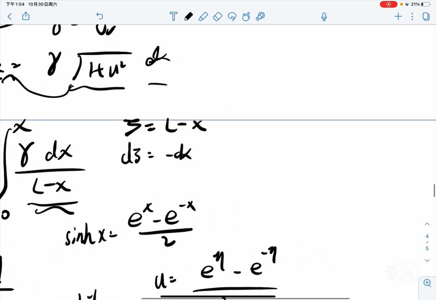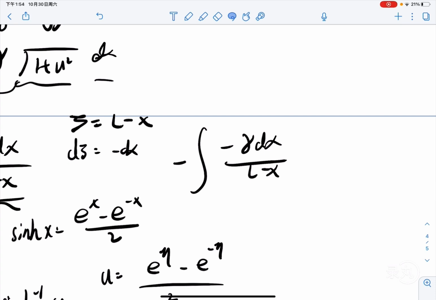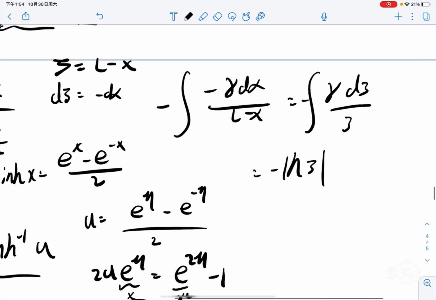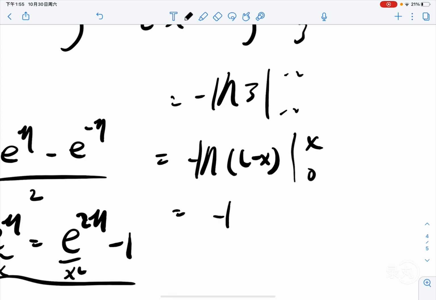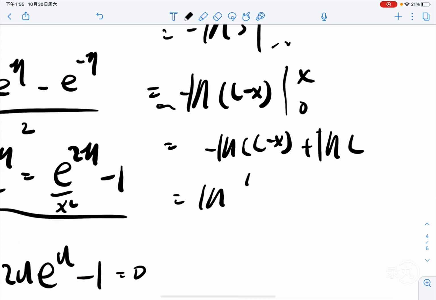And now we have this equal to gamma dx over L minus x, and this term is going to be equal to d, which is from blah blah blah, and we have this is going to be ln of L minus x, from 0 to x. And now we have ln of L minus x, and plus, because there's a negative sign, so negative is positive, ln L, which is equal to ln of L minus x.